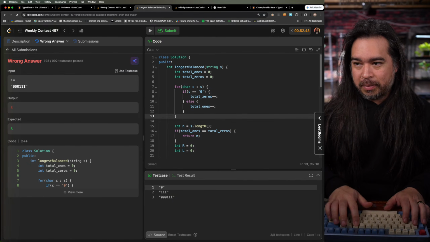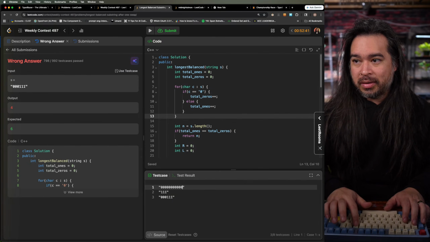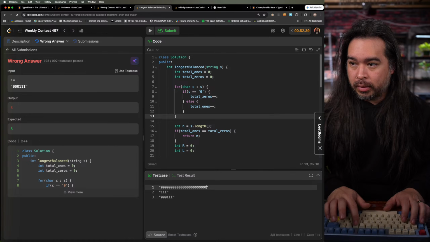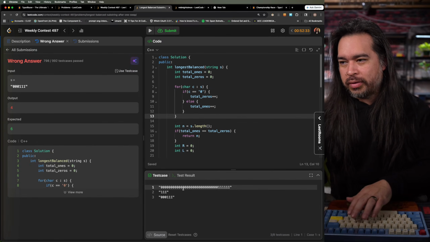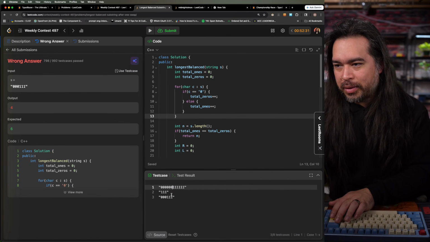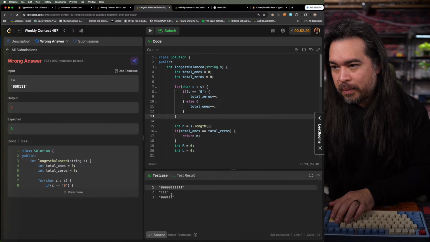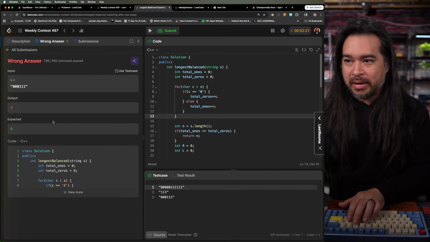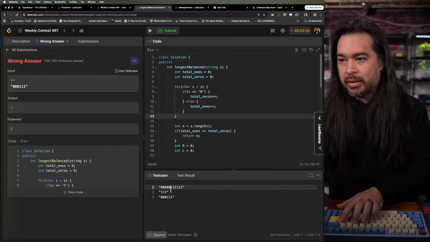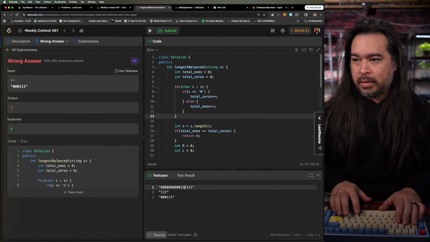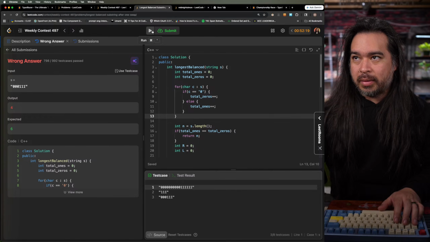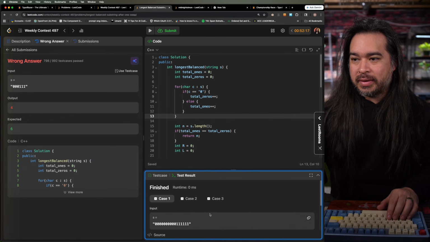Like if I did something like this. Alright, I don't need to make it that crazy, but more or less the same thing like this. I'm pretty sure that won't pass.